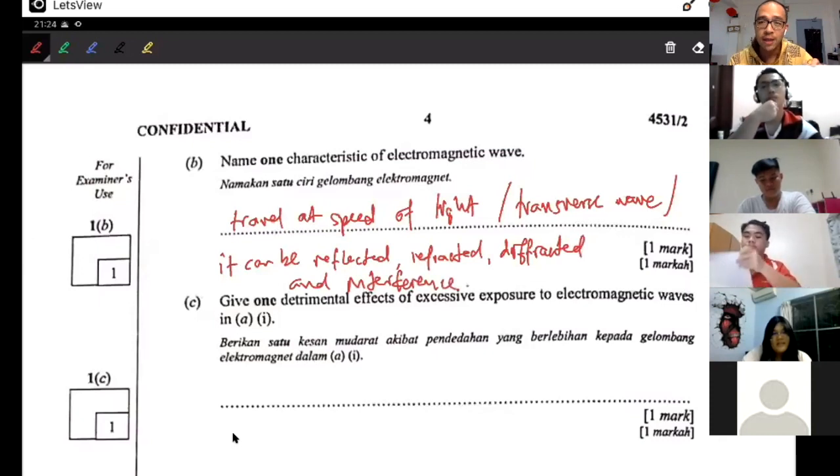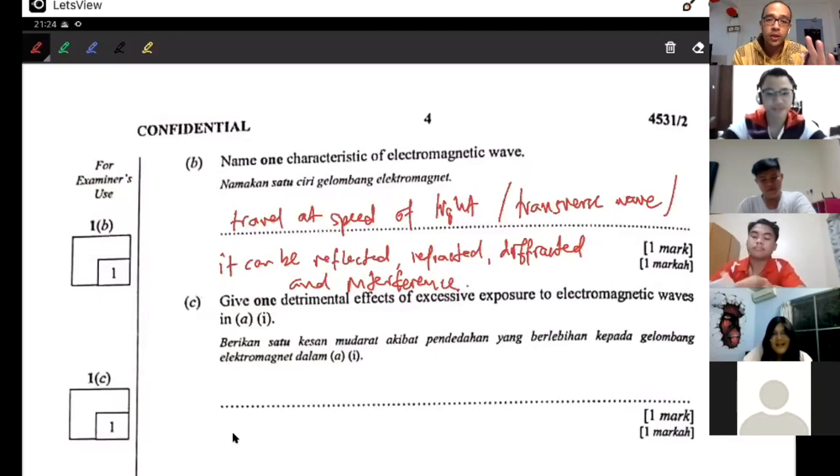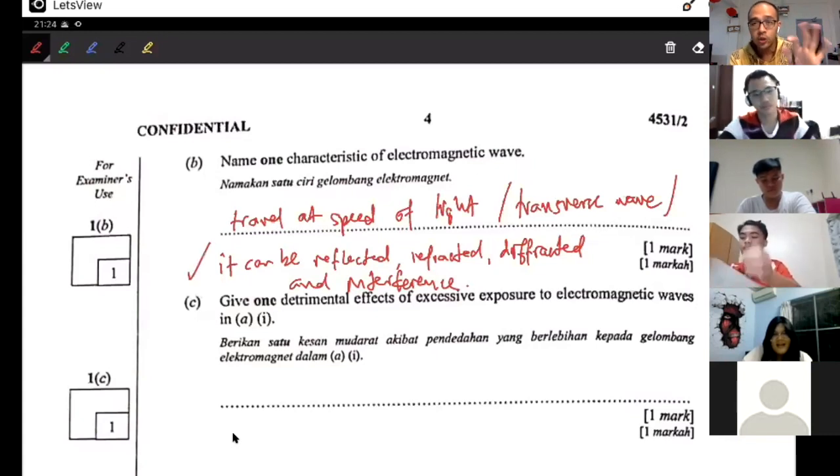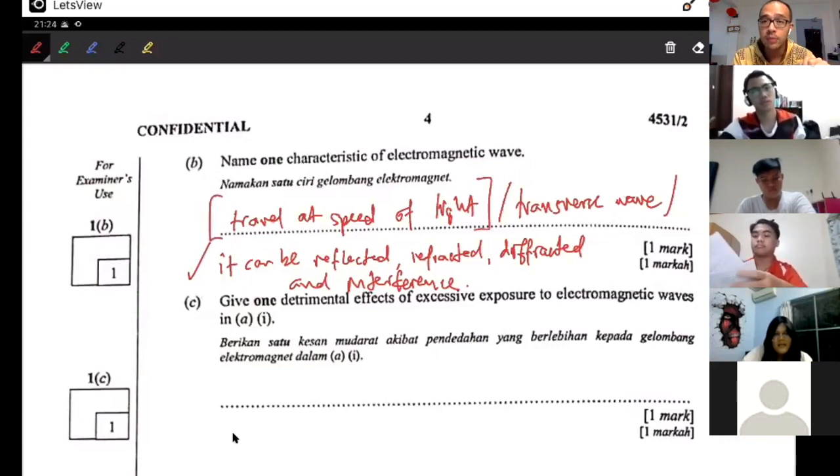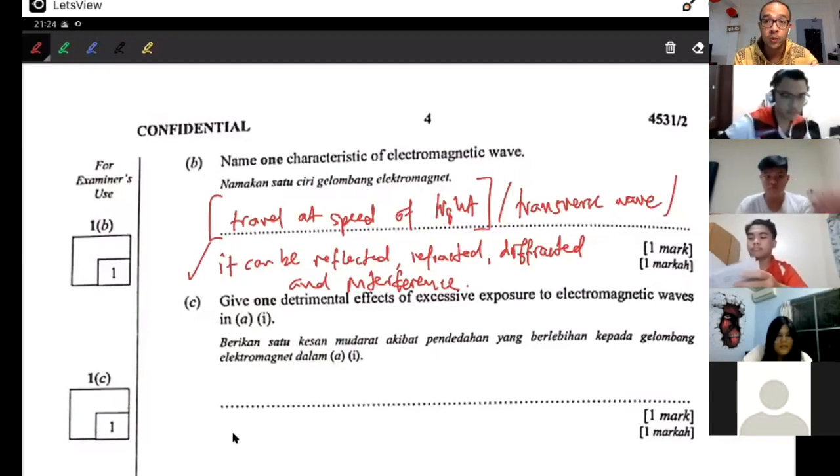Okay, sorry, there's no past tense for interference lah. Just say interference, doesn't matter. So it can be reflected, refracted, diffracted, and interference. If you are going to use this answer, make sure you write all four. But the easiest answer is always this. Okay, travels at the speed of light. It's a very important characteristic of electromagnetic wave.